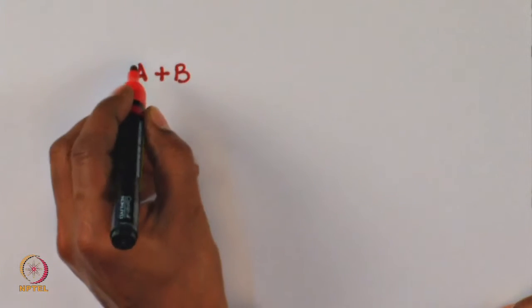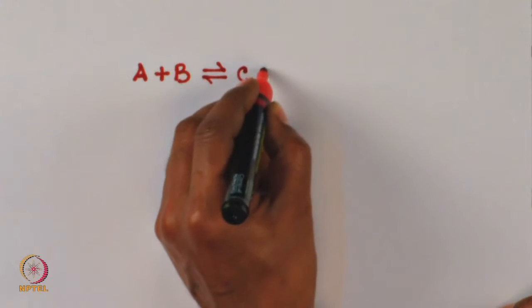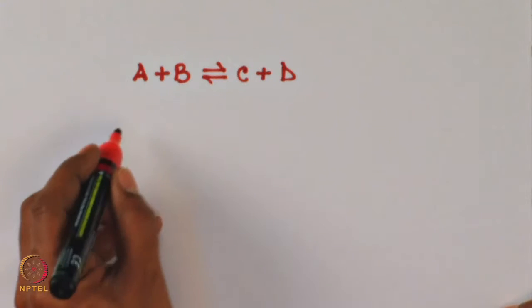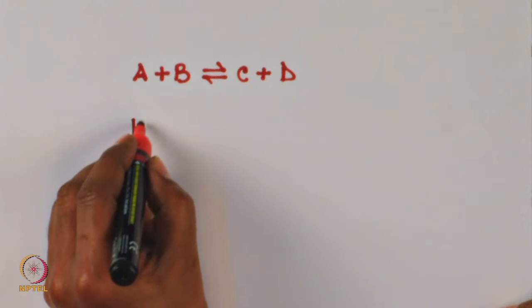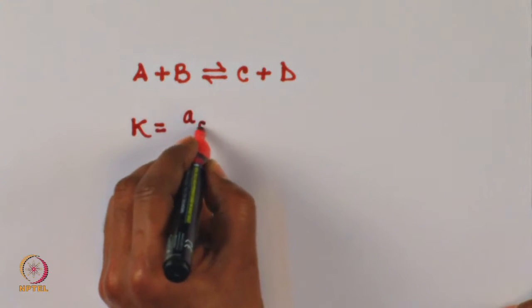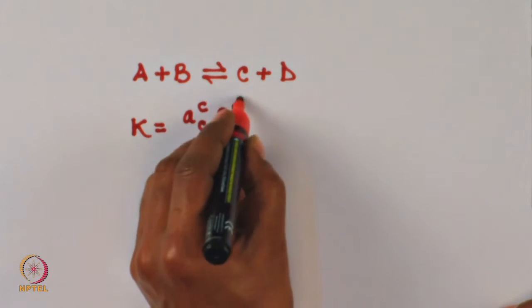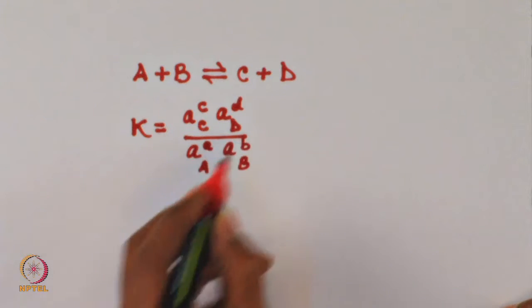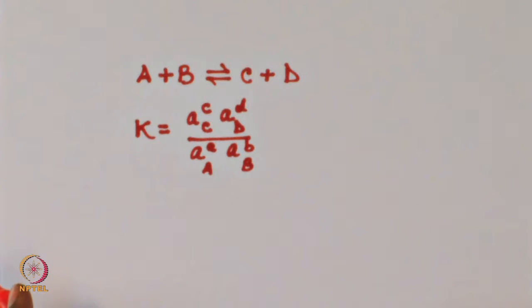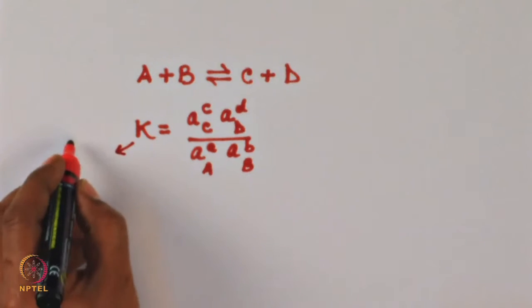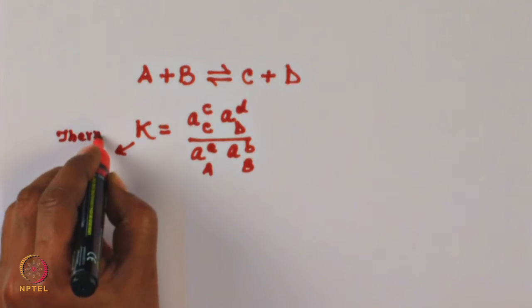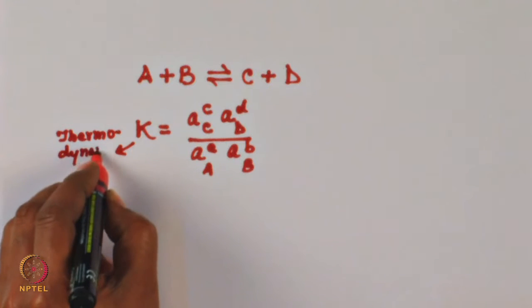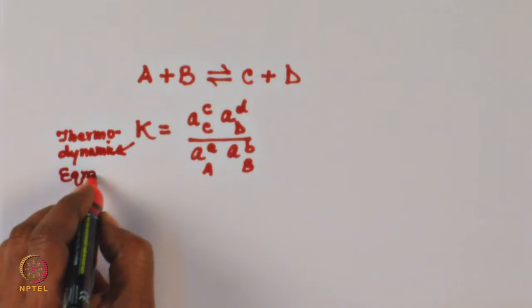That means, if I consider A plus B is in equilibrium with C plus D, then thermodynamic equilibrium constant K I will write as activity of C raised to the power C into activity of D raised to the power D over activity of A raised to the power A activity of B raised to the power B. And this I will call thermodynamic equilibrium constant.